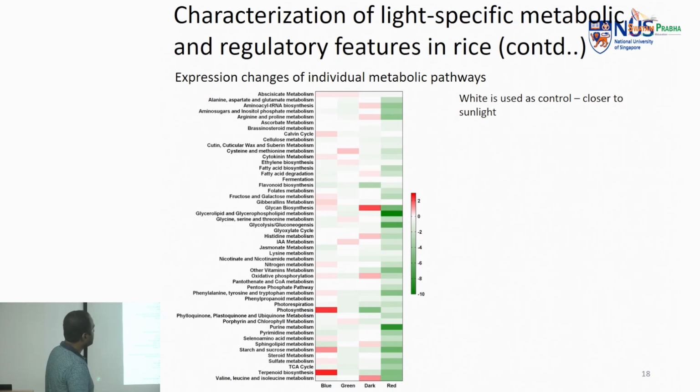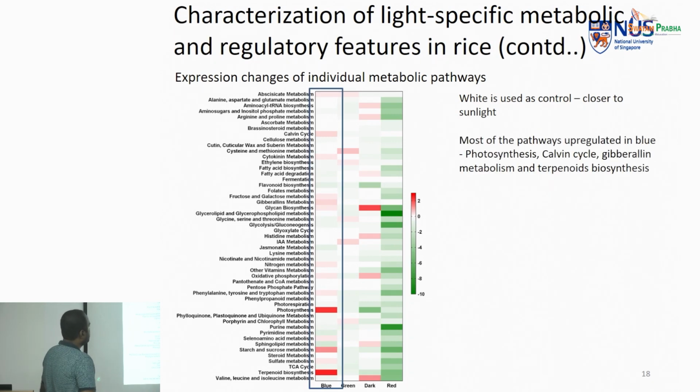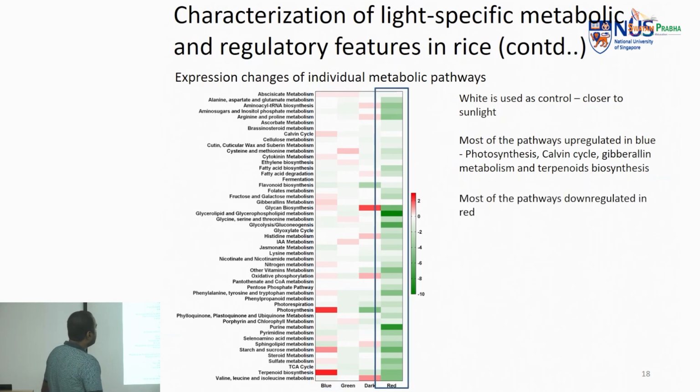So what are the pathways affected when there is a change in the gene expression? This plot indicates that. In blue, we noted that the secondary metabolism, particularly terpenoid biosynthesis, has a very high amount of gene expression. Also, photosynthesis was the highest in blue. So they were able to fix more CO2 and channelize most of it into terpenoid biosynthesis. On the other hand, red had the least amount of photosynthesis when compared to green, blue and white, not the dark.